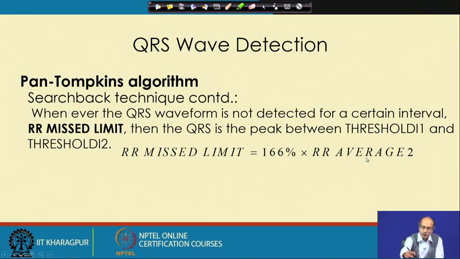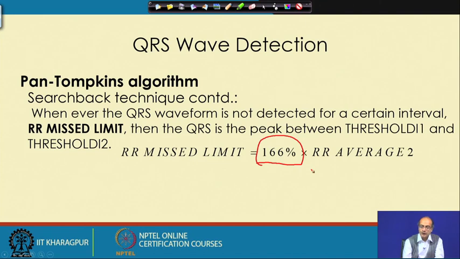Okay. So, that RR average 2 is the stable average or the robust average of the RR interval. If it is 166% of that, that means 66% more is considered as the limit.